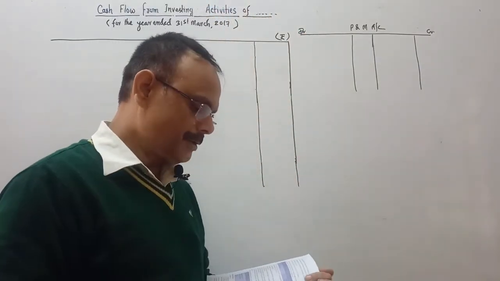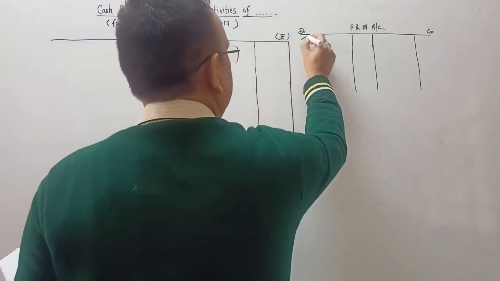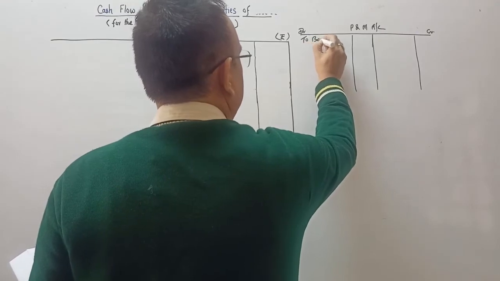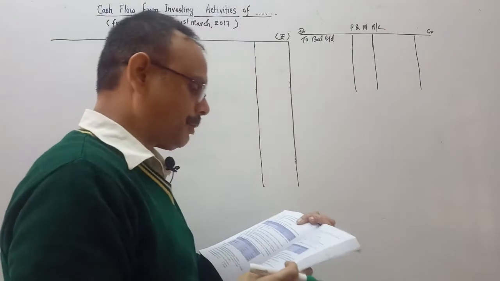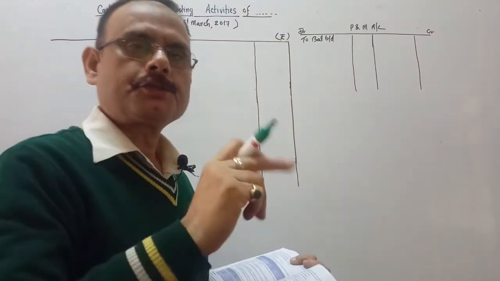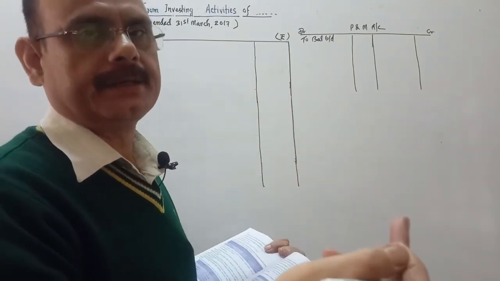See the information of the plant and machinery. The opening balance, to balance brought down, is given. The 31st March 2016 balance is the opening for the next financial year.